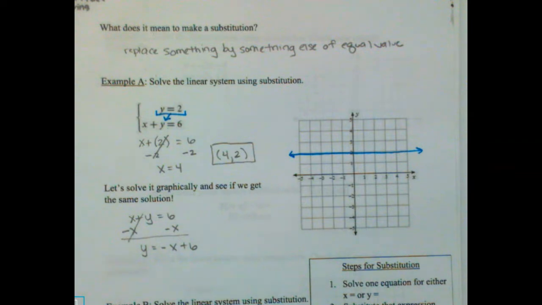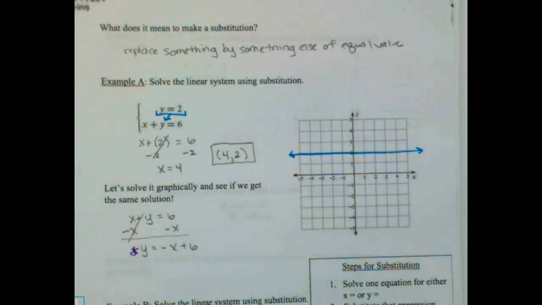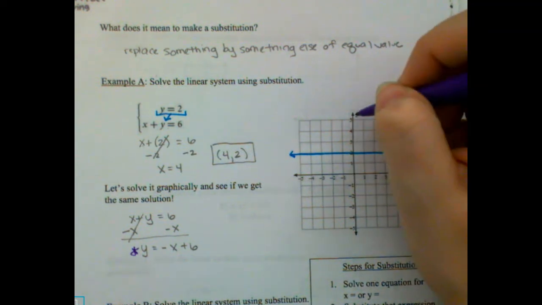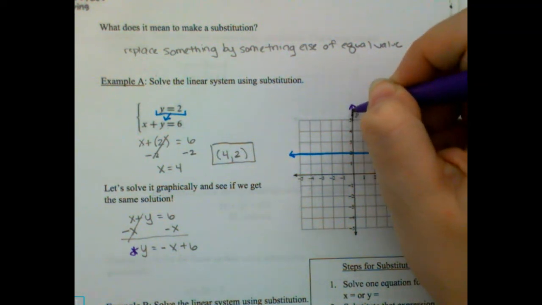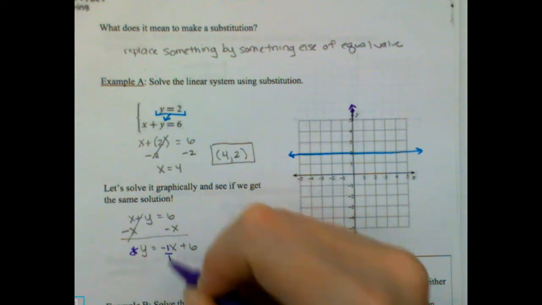Okay, and I'm going to graph that in purple here. I'm going to start at 6, which actually, I have to extend this graph a little bit. So there's 6 on my grid, way up there. My slope is negative 1 because it's an invisible 1 over 1 here.